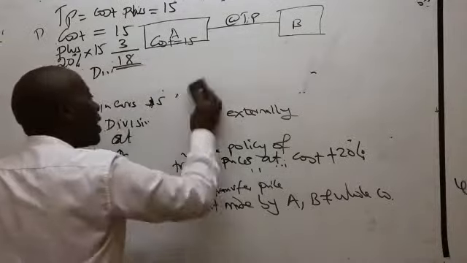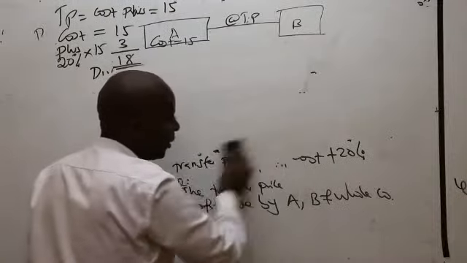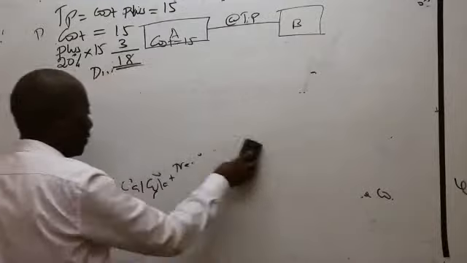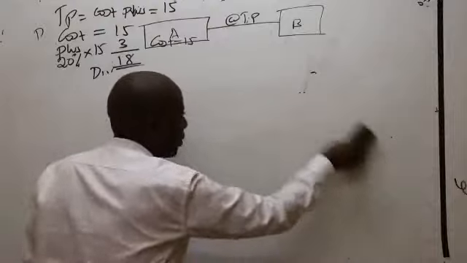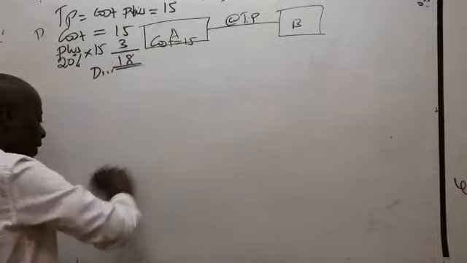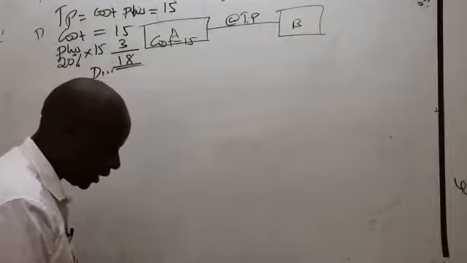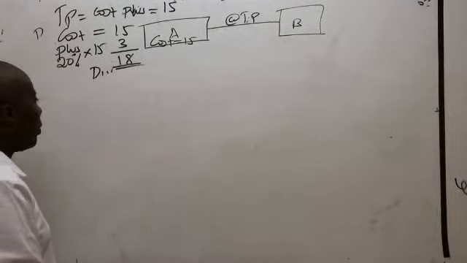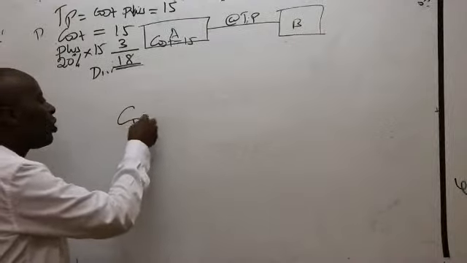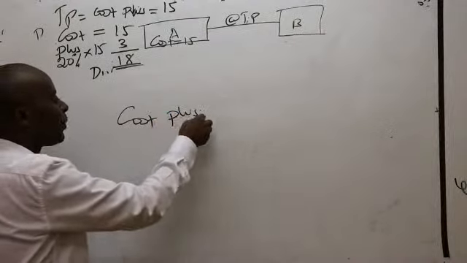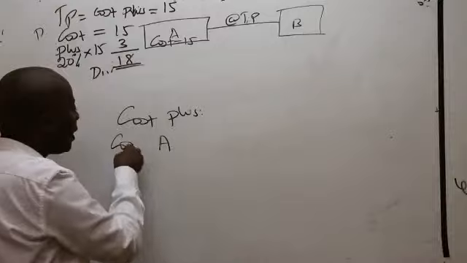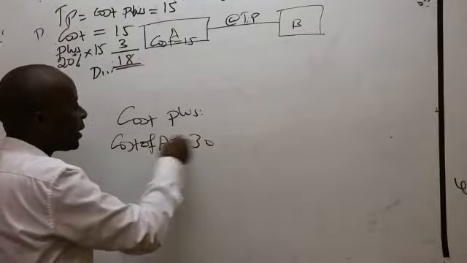But you see, if you look at your past papers, normally you will have bad examiners, examiners whose thoughts are hell-bent. They want to take you to hell in terms of your outcomes. What they will do, they'll tell you this cost plus. And then they'll tell you the cost of A is 30.